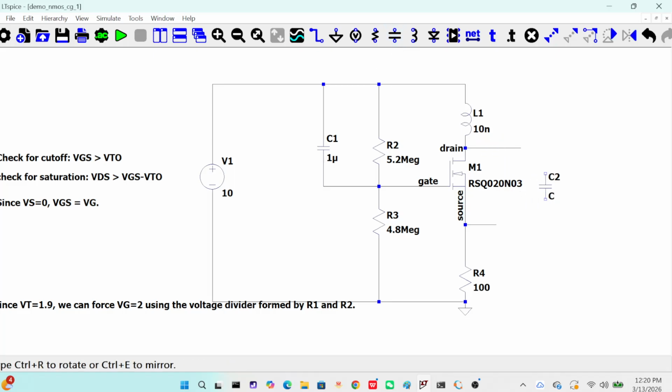So we put a capacitor here. This is the so-called Colpitts oscillator.